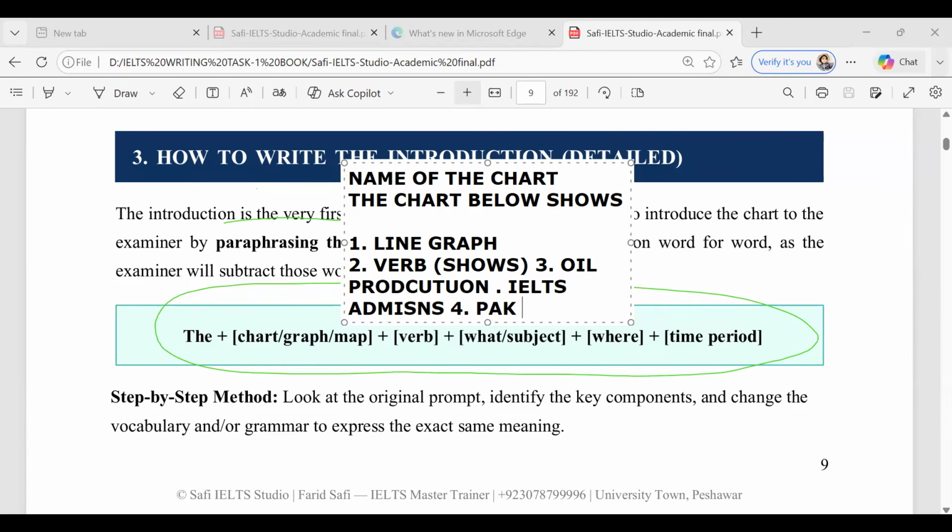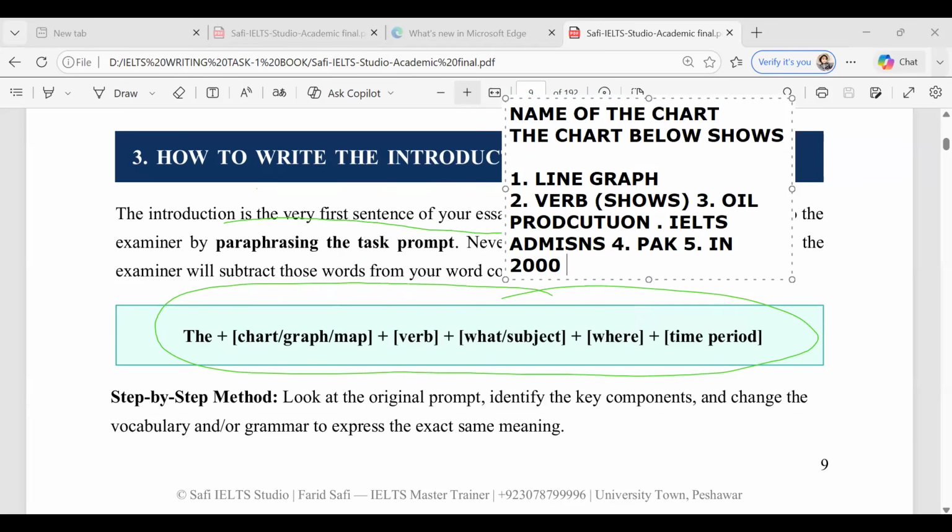That's important. And the fifth one, the last one, is about the time period. Usually IELTS will give you, for example, in 2000. Mentioning the time period is important for you to write down. Or they can say from 2000 to 2005.